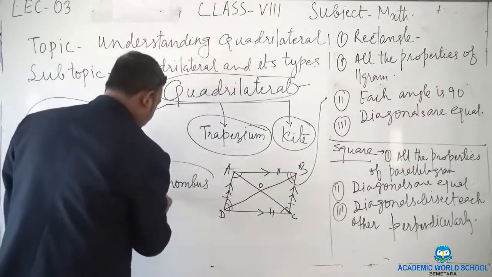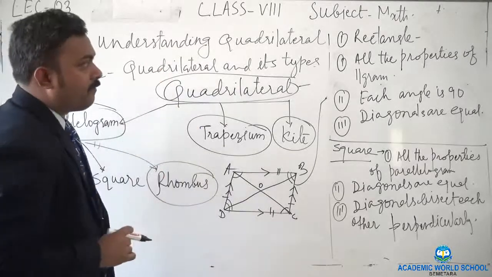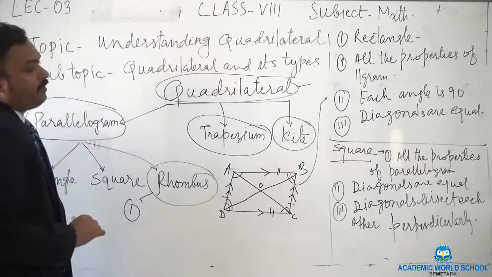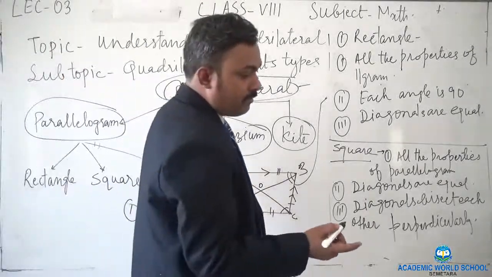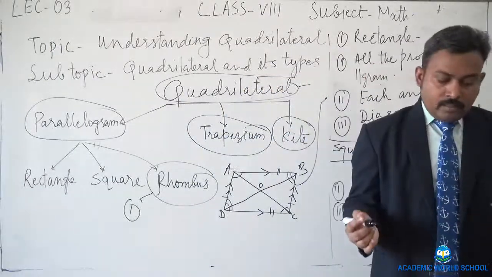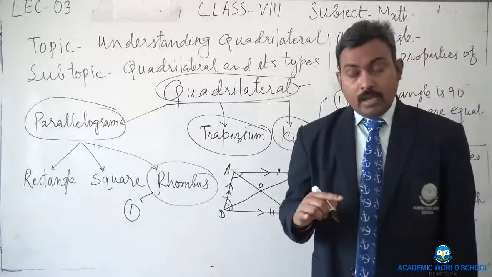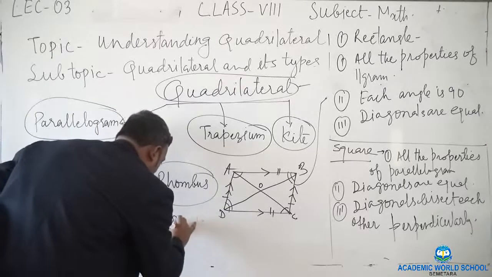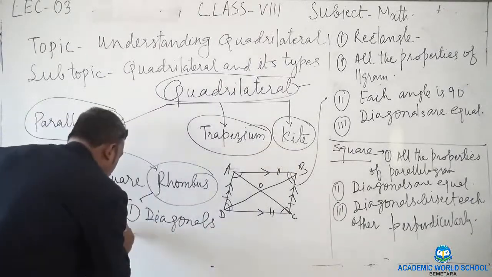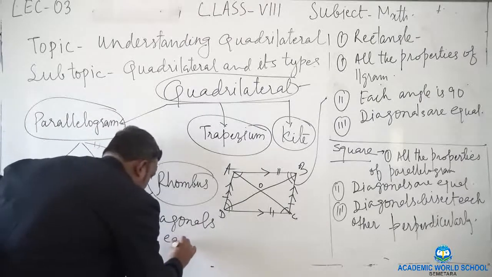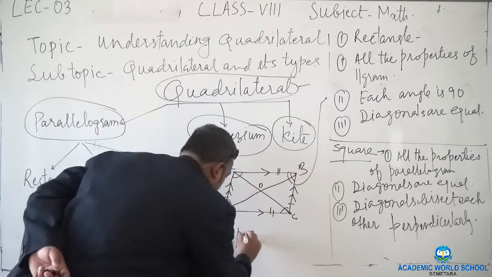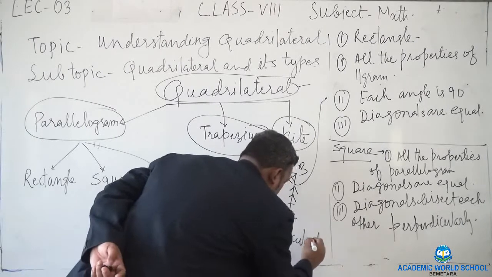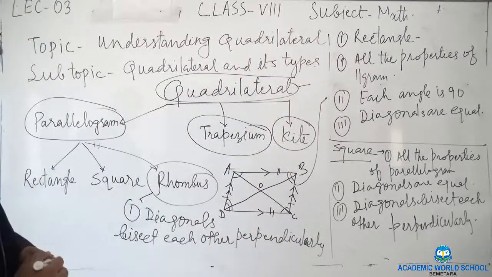Then comes the rhombus. All the properties of a parallelogram, and apart from that, you will see that diagonals bisect each other perpendicularly.